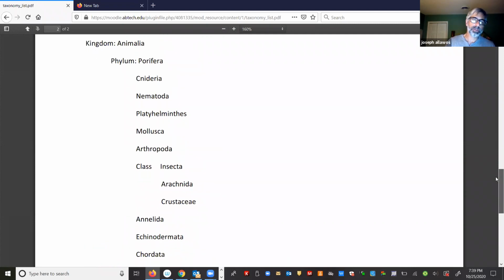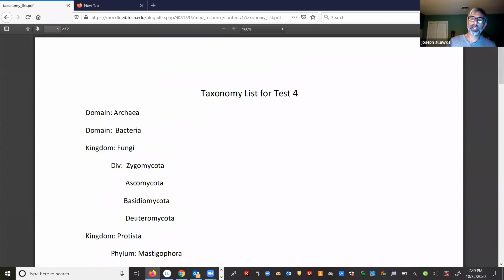But for the most part, we're studying these on the kingdom division or kingdom phylum level. That's just a convenient way to study it. So we're at the top of the hierarchy of taxonomy. If we tried to study it on the species level, there are so many species, we couldn't do it. It would be impossible. So we're being generalists here in our study of these.